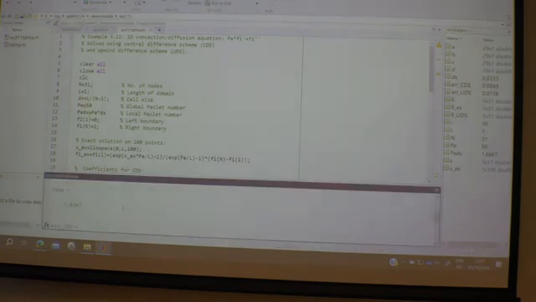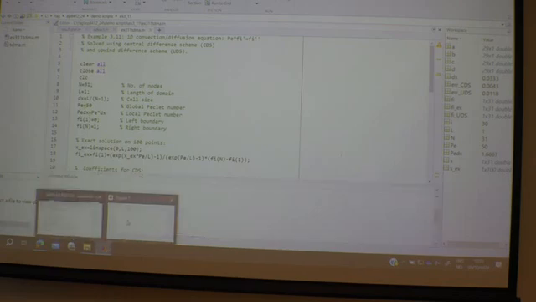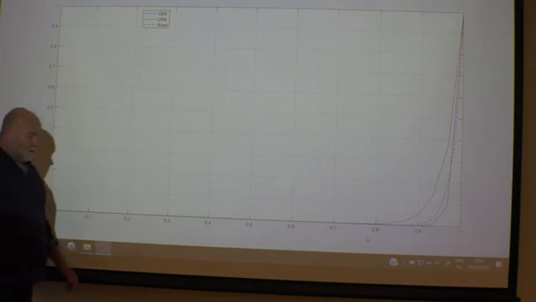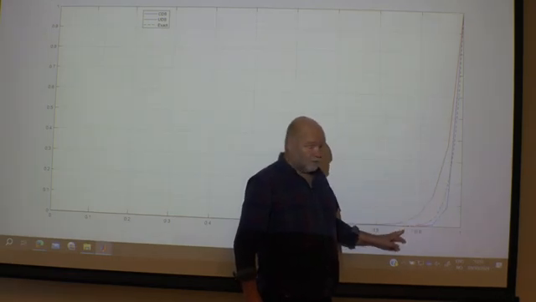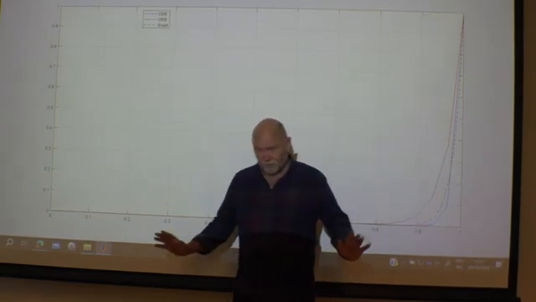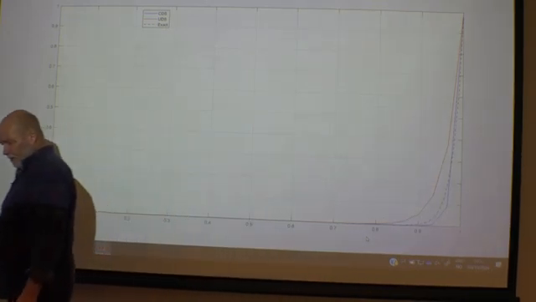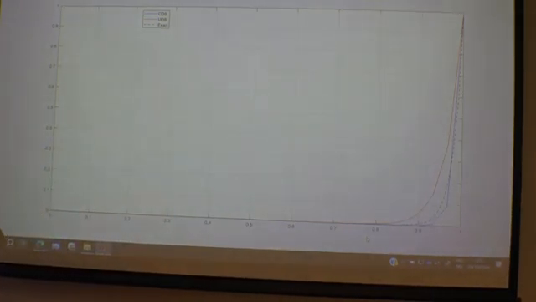Should be 1.67. Yes, it's under 2. And then also you can see the central scheme much better than the upwind scheme, much closer to the exact solution. Upwind scheme stable, but way off.